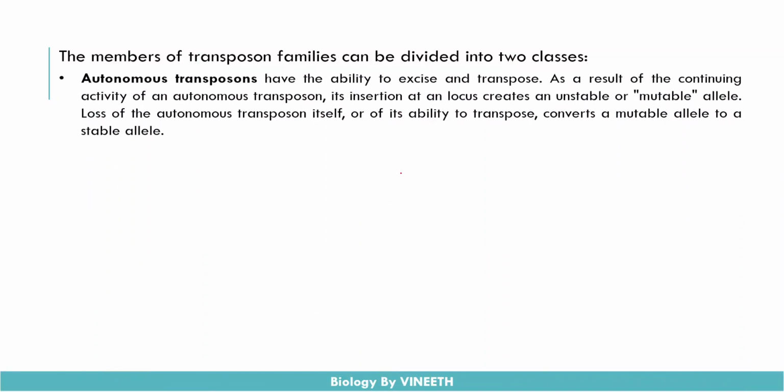Then we have different members of the transposable families: the autonomous transposons and the non-autonomous transposons. The autonomous transposon members belong to a super transposon family of the transposable element.